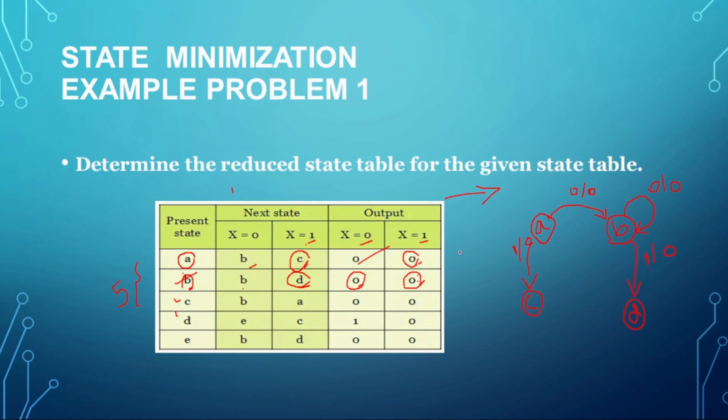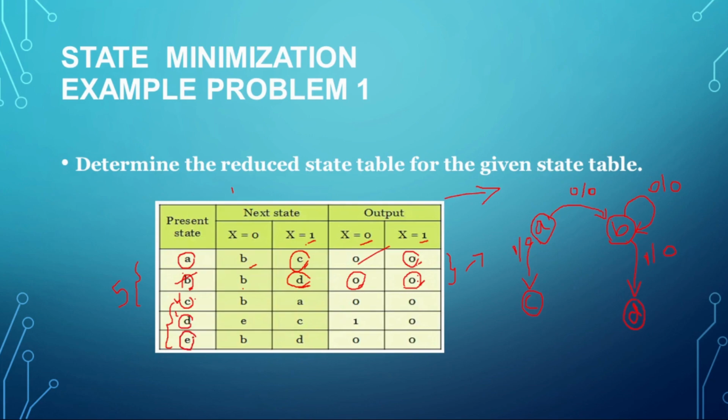So I will draw the state diagram only for these 2 states. You will draw the remaining 3 states' diagram here. Likewise, the same procedure is followed to draw the present states C, D and E.